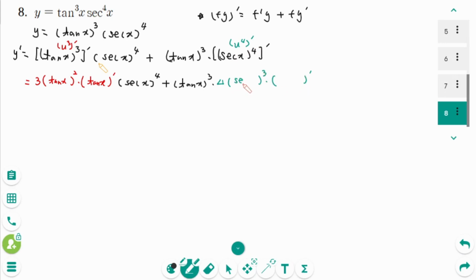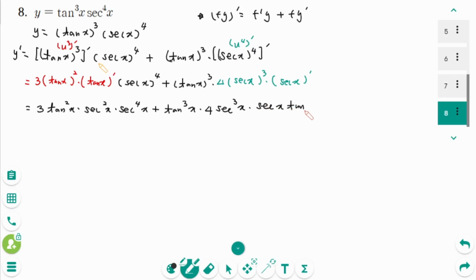The inner function is secant x. Equals 3 tangent squared x times tangent x prime equals secant squared x times secant to the power of 4 x plus tangent cubed x times 4 secant cubed x times secant x prime equals secant x tangent x.